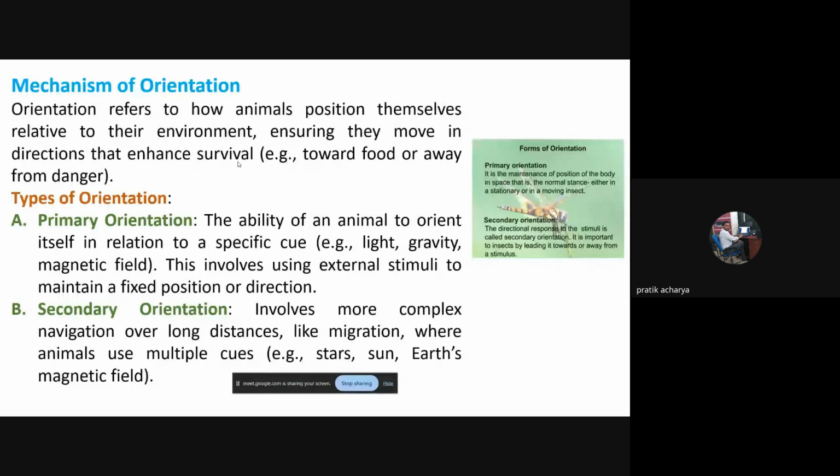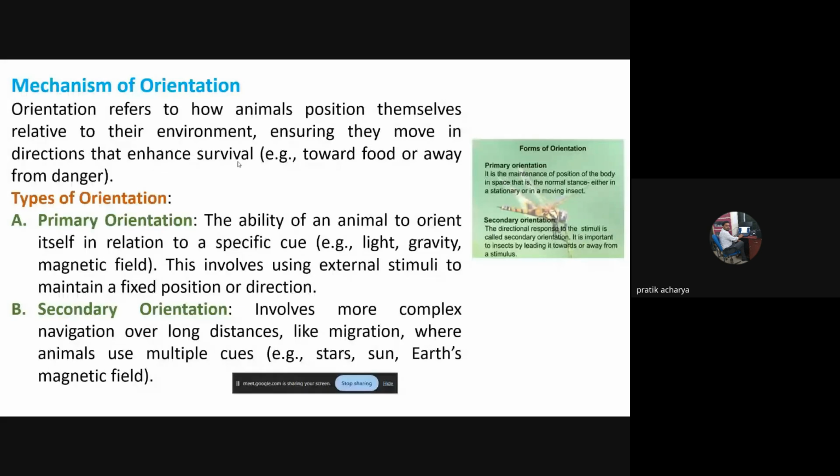Now come to mechanism of orientation. So what is orientation? Orientation is the animal's position in environment, ensuring they move in direction. Particularly for the movement, you have to maintain one position. Otherwise, you cannot move. Random movement is not possible.